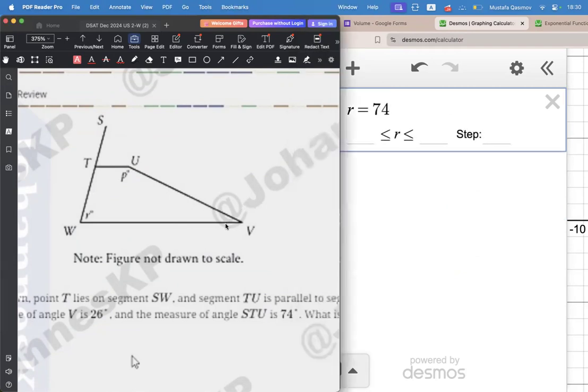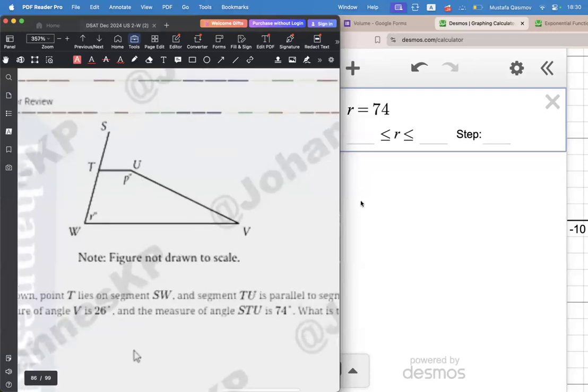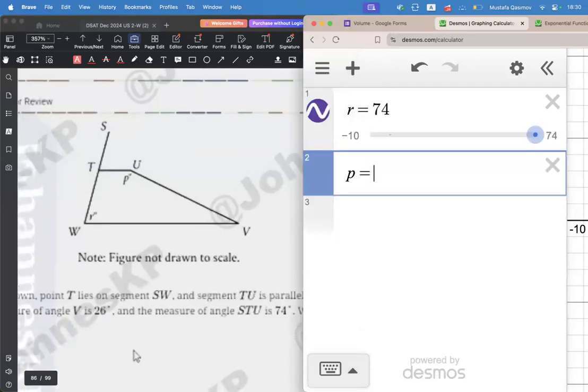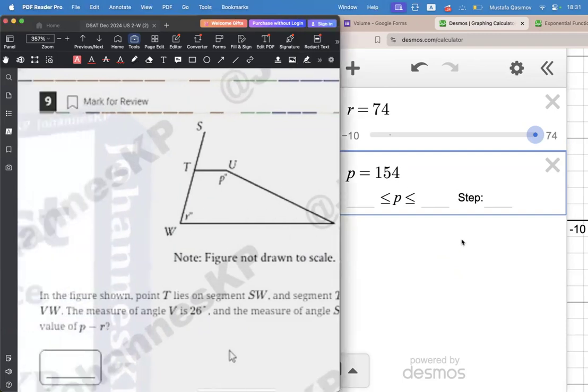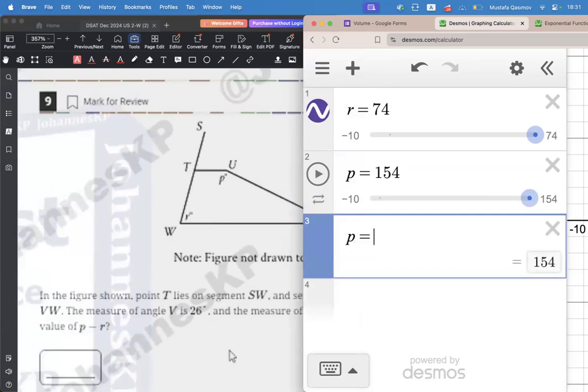If angle V is equal to 26, P is equal to 180 minus 26, it will be 154. Okay, then it says that the positive value of P minus R is 80.